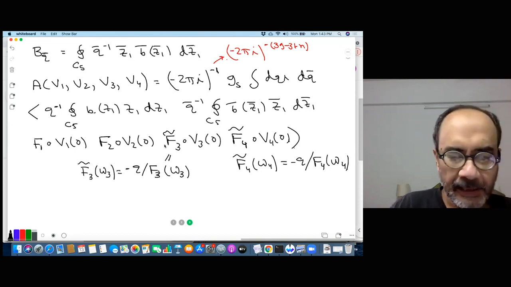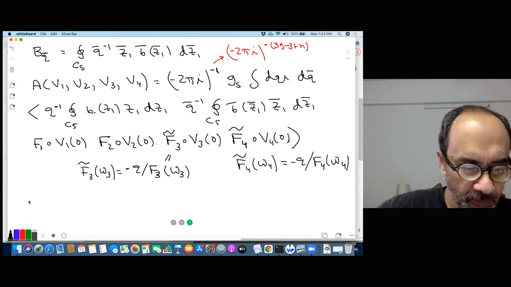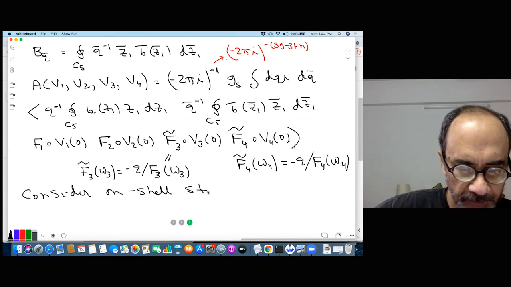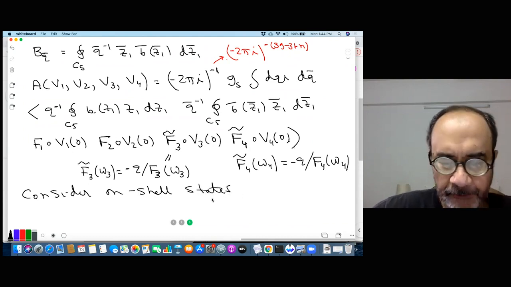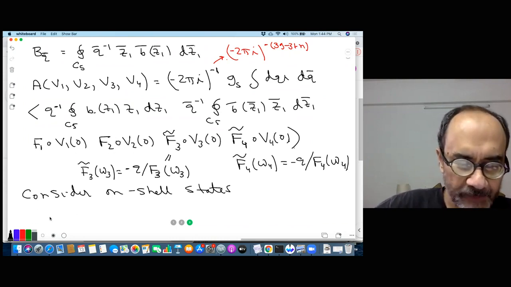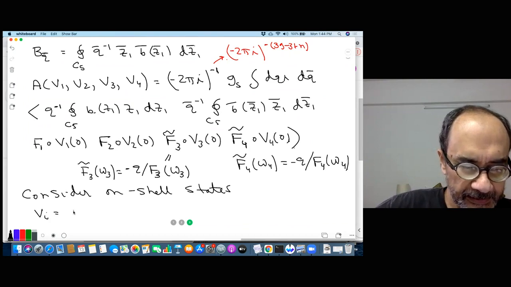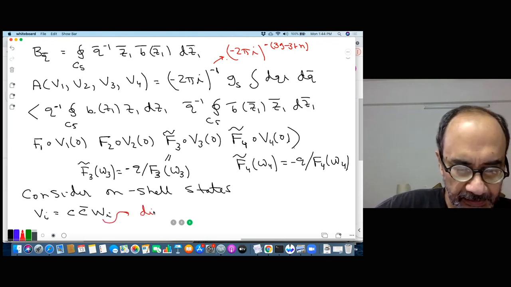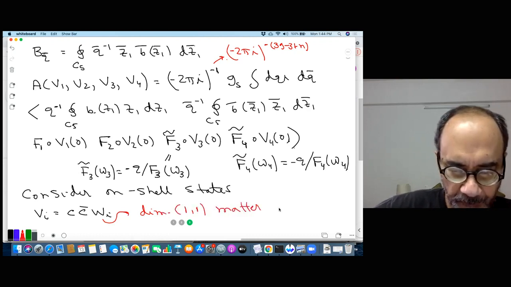Now we are going to restrict to on-shell states. That means BRST invariant states. As we discussed, for BRST invariant states, we can choose a representative, V_i equal to c c bar W_i, where W_i is a dimension (1,1) matter sector primary.